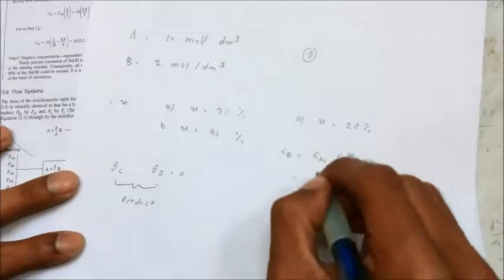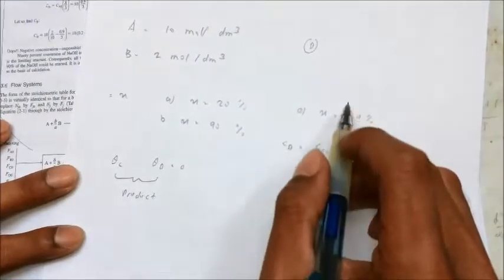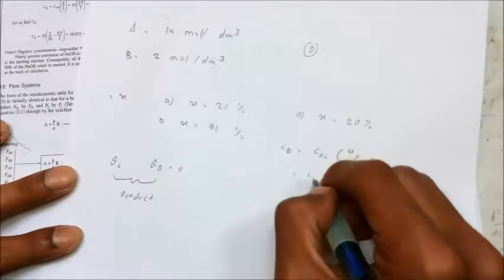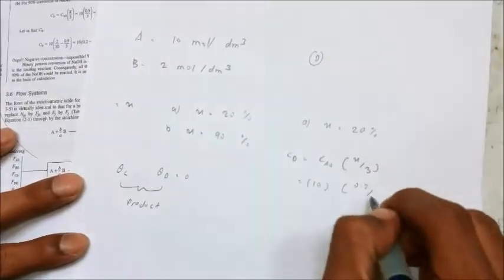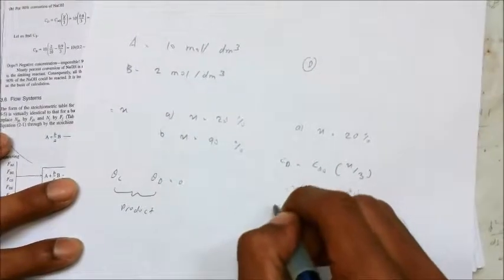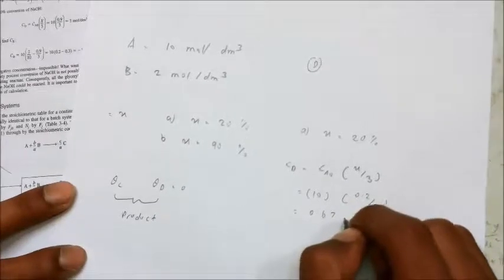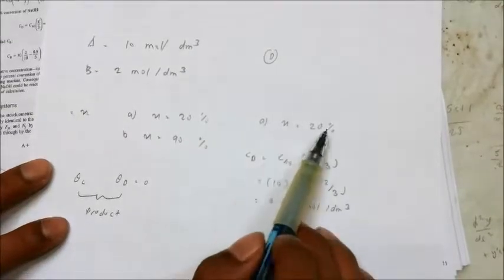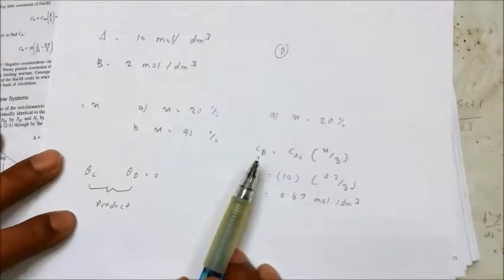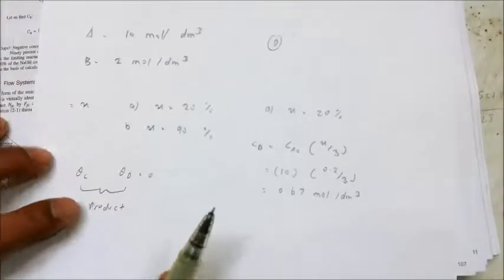Then CA0 is the concentration of our sodium hydroxide, which is 10, and X is 0.2, divided by 3. So we get CD equal to 0.67 mole per dm cube. So at the conversion of 20%, the concentration of glycerin is 0.67 mole per dm cube.